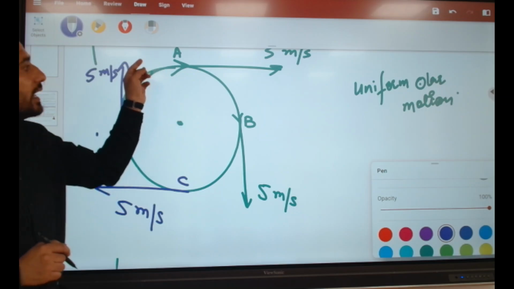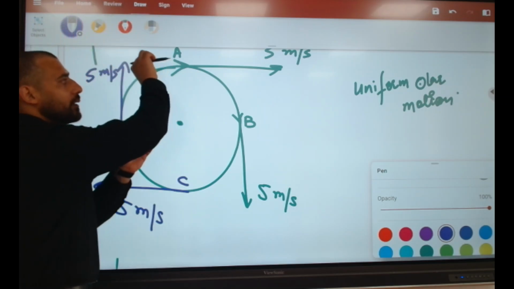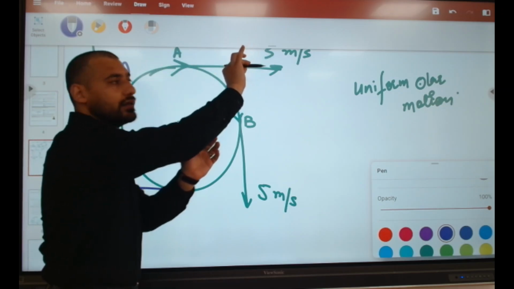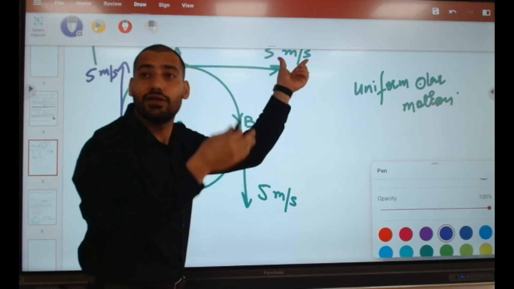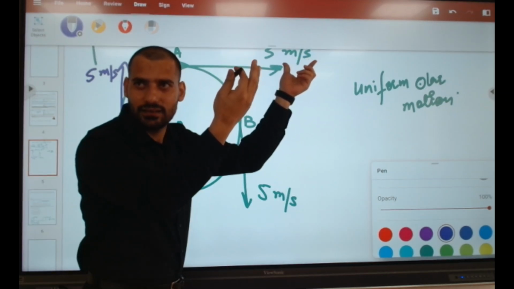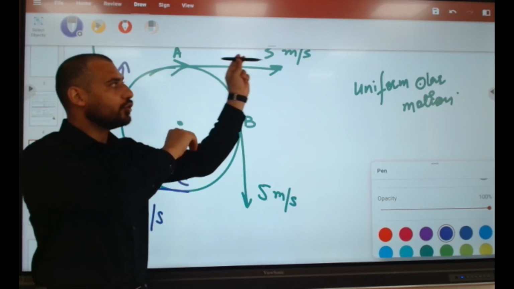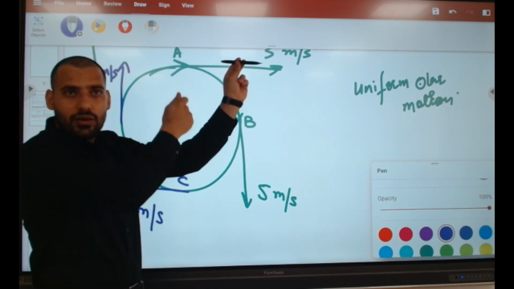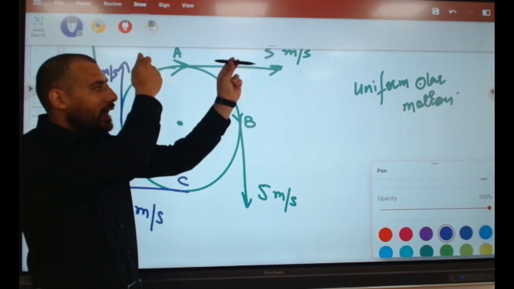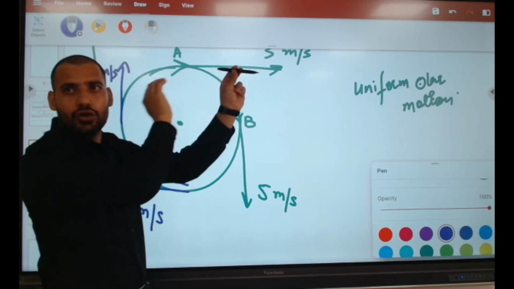The reason is, if it was tangential, then you are applying some force like this. Will the velocity be only 5? No, it will increase. Correct? So, understand what is happening. The body wanted to go like this, but then there is some force which wants to drag it down, isn't it? And due to which the body neither goes down nor goes straight.